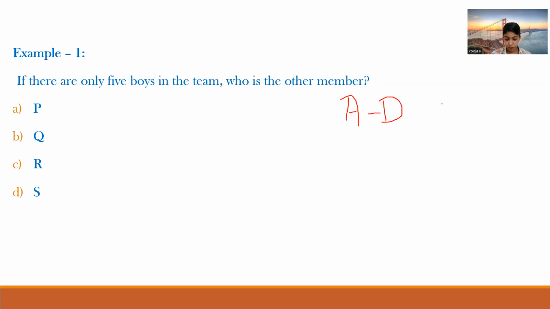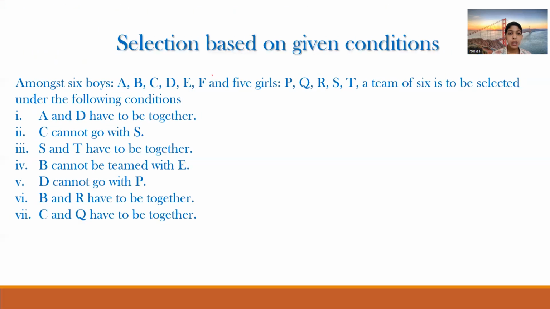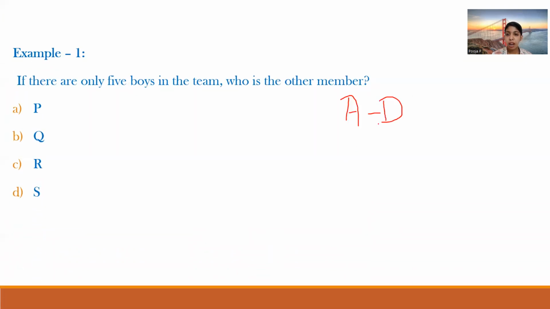So A and D have to go together. Then the next thing is you will have to choose one between B and E. They both cannot go together. B cannot be teamed with E. So from them, you will have to choose one. So it's either E or B.